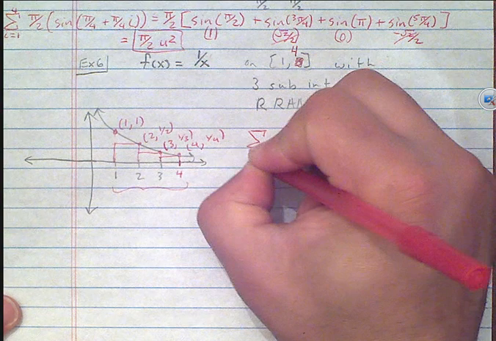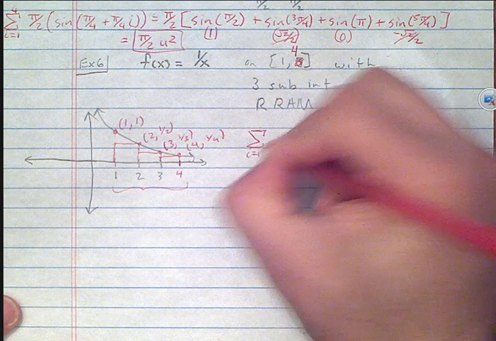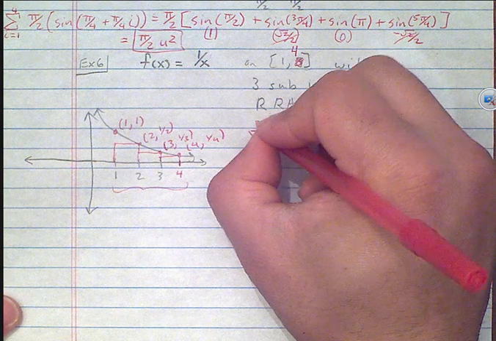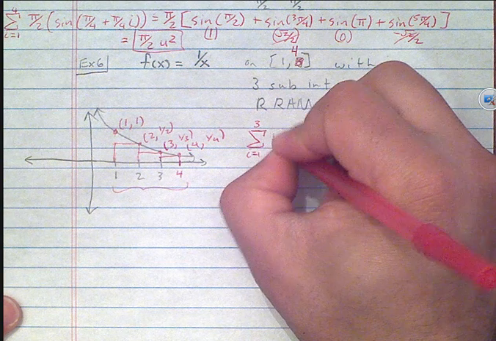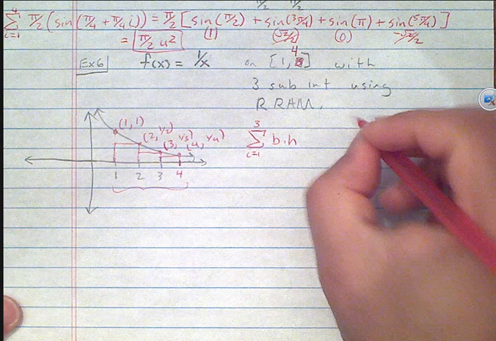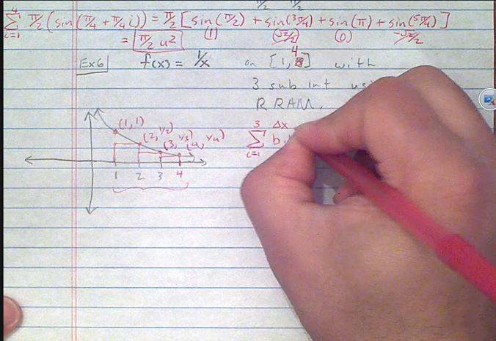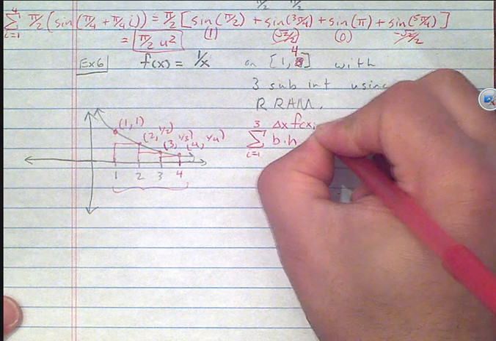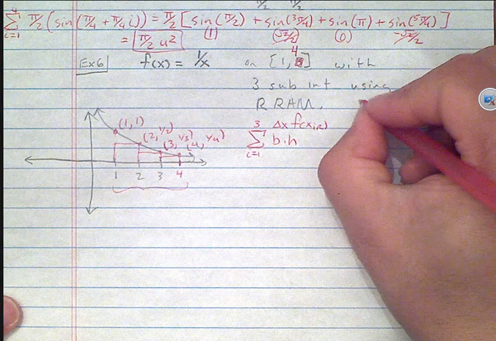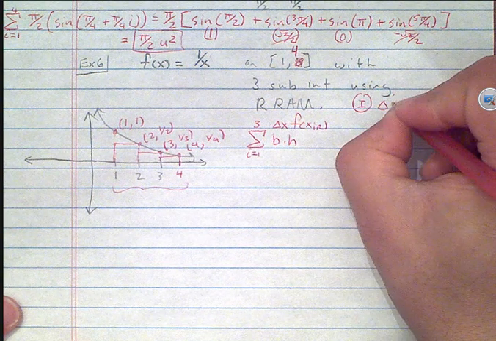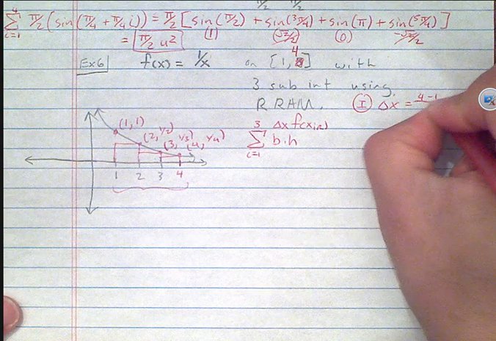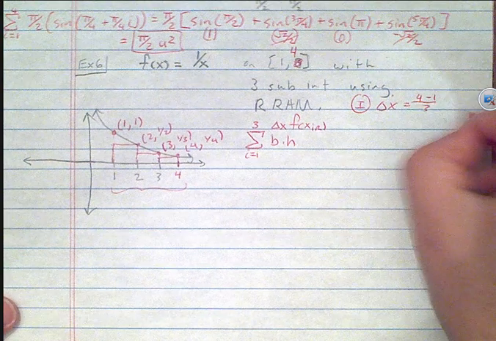I equals 1 to 3. Alright. And we're doing base times height, so that's delta x, and f of x of i_R. And so let's start with our steps. Step 1, find delta x. That's 4 minus 1 over 3, which is 3 over 3, which is equal to 1.